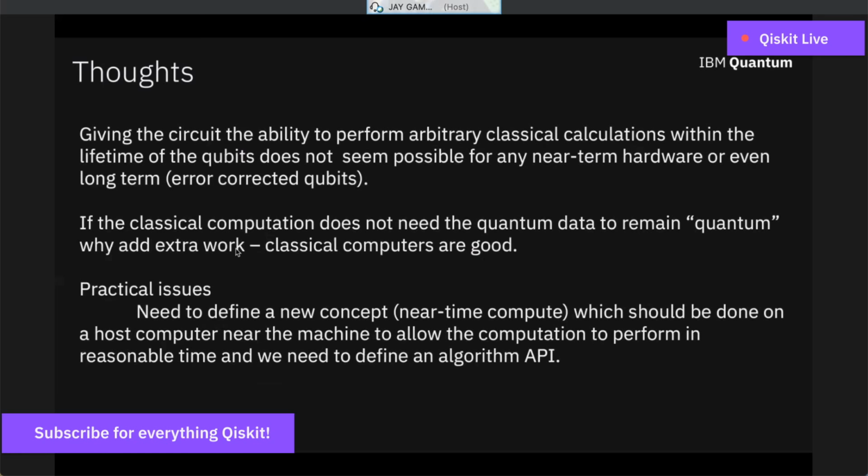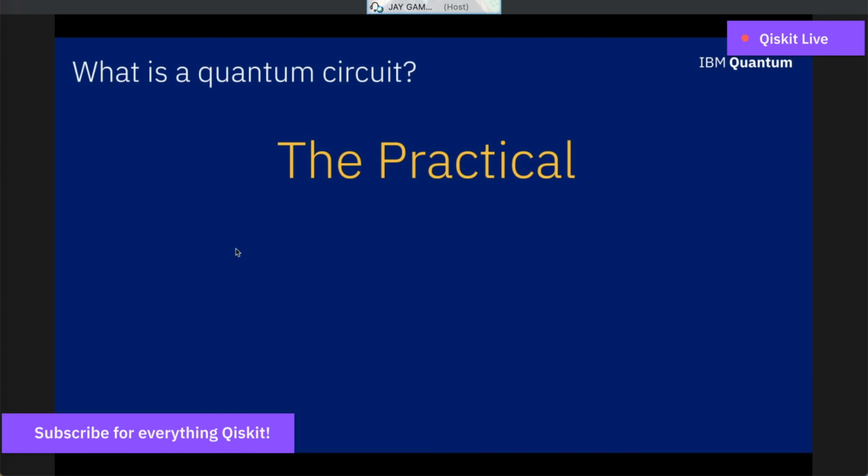So what I think we need to do, and what we're working on, is define this new concept of near-time computation, which basically says that on some type of host computer, we allow some calculations to be done, and those calculations make new circuits and combine them together, and eventually this would be an algorithm API. So my thoughts are, I think the rebel is going too far and that VQE is not a circuit. However, there is a middle ground.